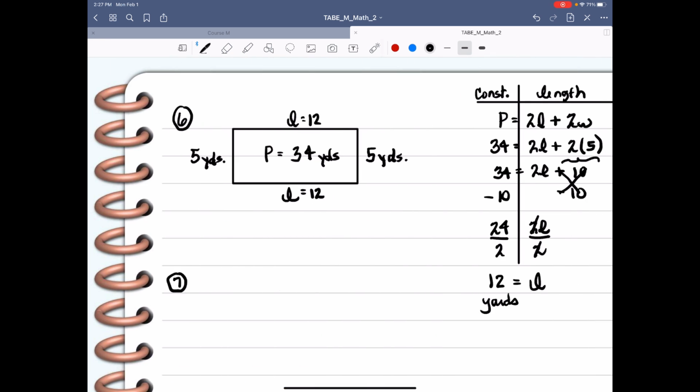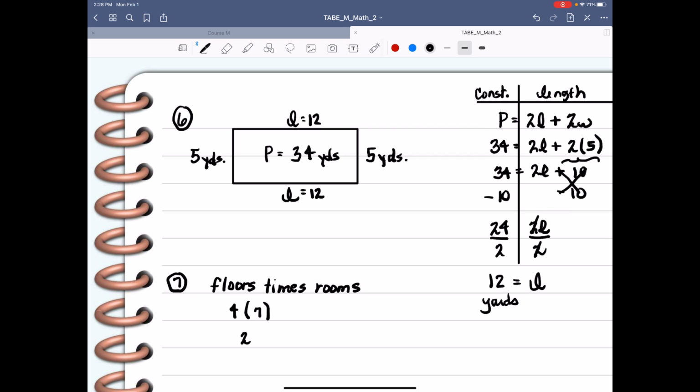So we have floors times rooms. That's where I need to start. So we have 4 floors and there are 7 rooms on each floor.